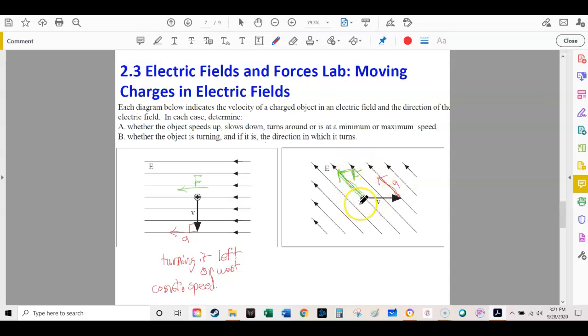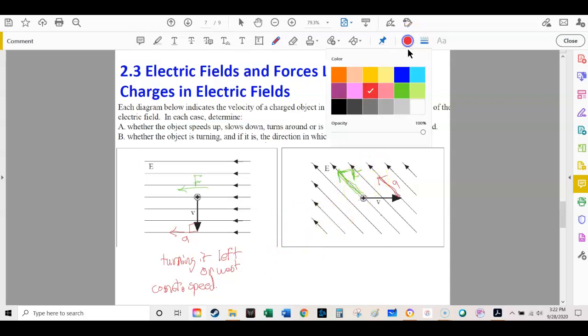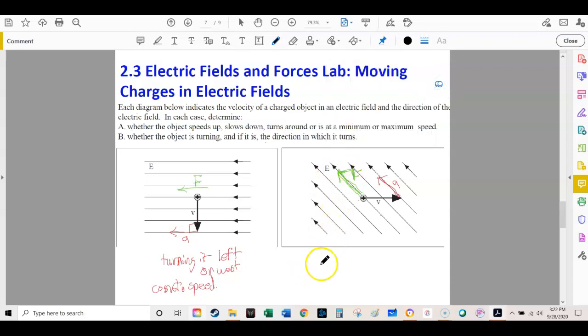I'm going to break up this velocity vector into the direction of the electric field, okay? And this is just the way I see it. But that velocity vector is pointing to the right, okay? Which means it's pointing down and to the right. And I'm trying to align the velocity vector in terms of this electric field.